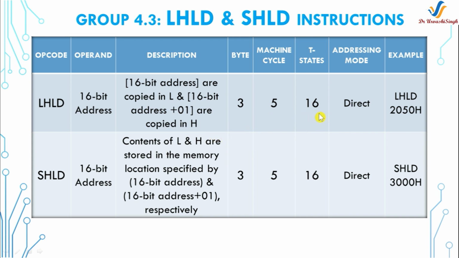Total T states required are 16. For SHLD, second and third machine cycles will be memory read for reading the 16-bit address, and the fourth and fifth machine cycles will be memory write for writing the contents of HL register pair into the specified location.